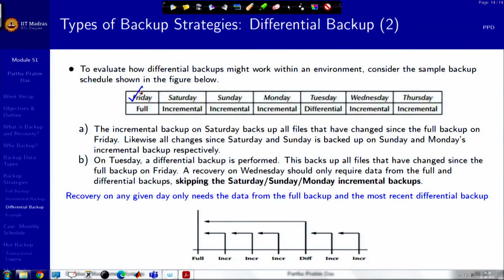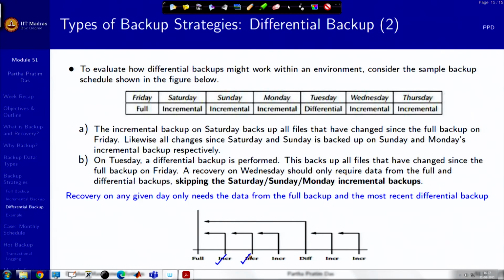You again do full backup on Friday, do incremental on Saturday, Sunday, Monday, but on Tuesday you do not do incremental, you do differential. So, what you are doing is, you have done full, and then just incremental on Saturday, so it is over the full.